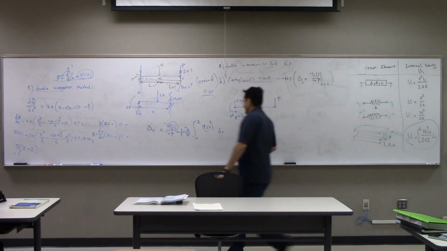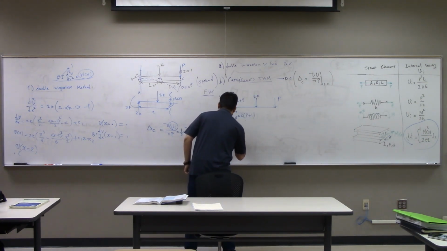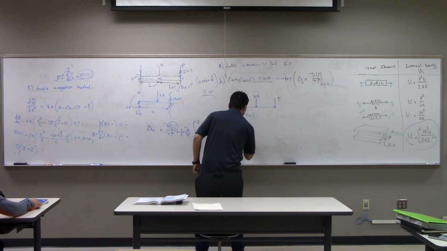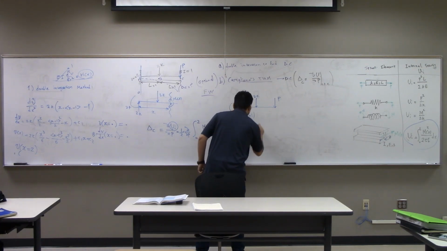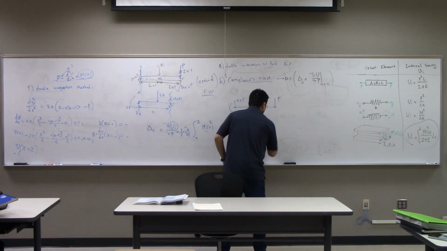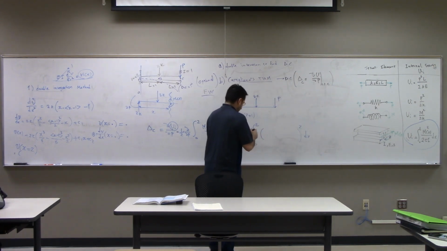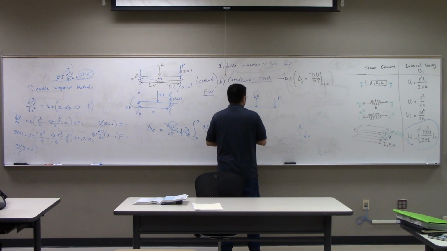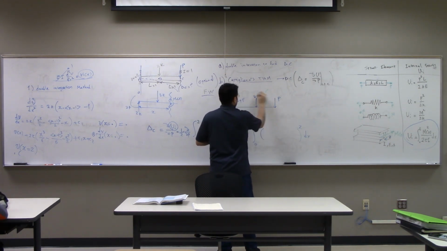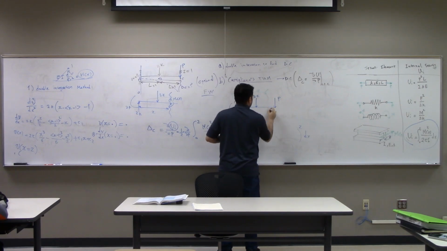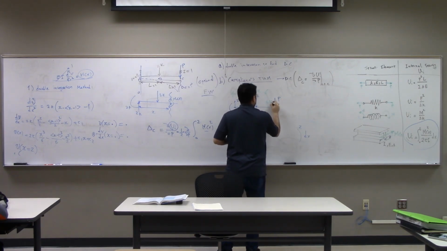So, let's do that. This becomes half of the derivative with respect to P, integral 0 to 2, m squared dx. And what's the moment? At any section, let's say x, section from left, you have mx.